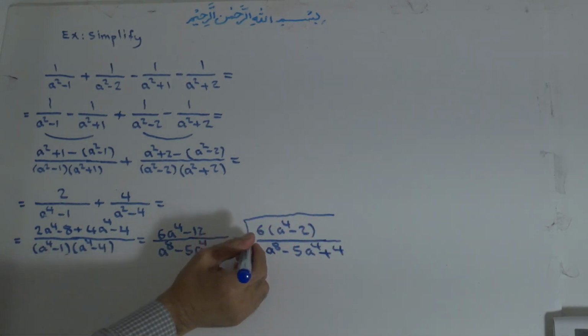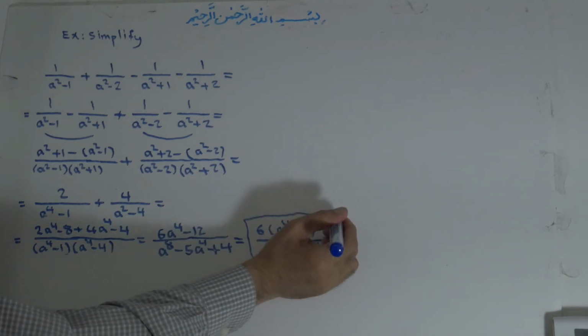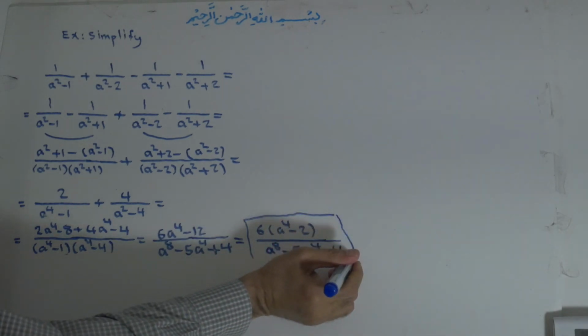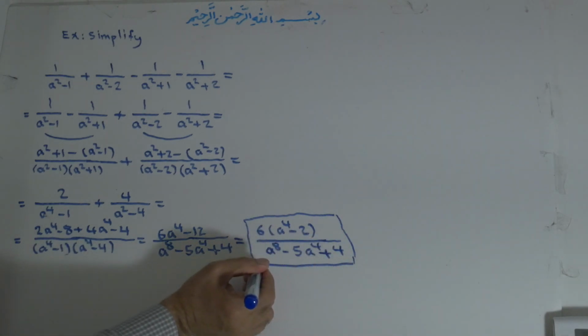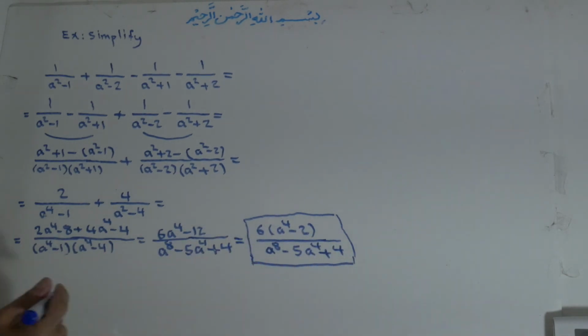This is the final result: 6 a to the power of 4 minus 2 over a to the power of 8 minus 5 a to the power of 4 plus 4.